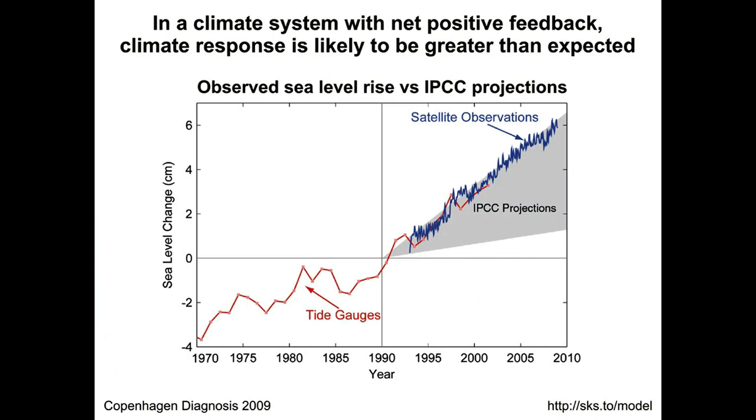And at the same time, we are predicting the future scenarios for various climatological phenomena. In this case, they have predicted the sea level change in 1990. So this red line is the actual tide gauge values. In 1990, they predicted that it could be in this range.